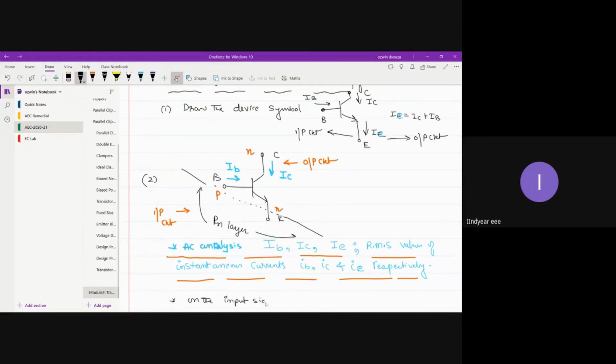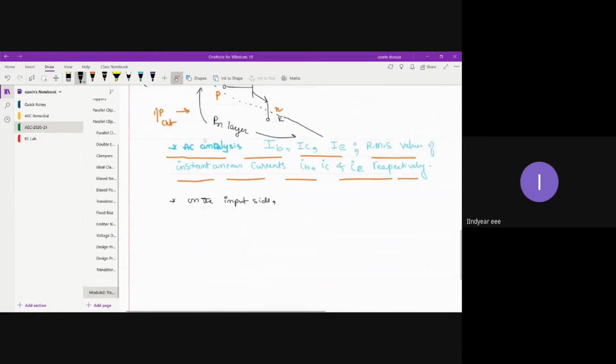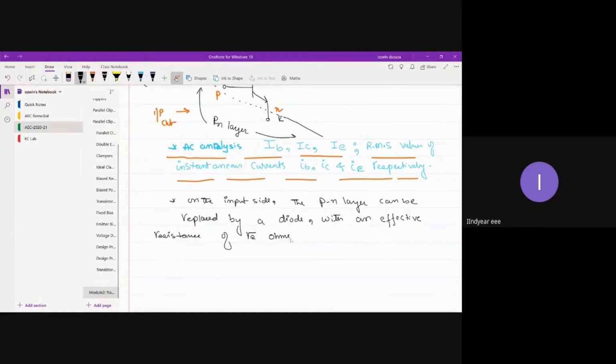Let me write on the input side, the PN layer can be replaced by a diode with an effective resistance of RE ohms. I have the standard formula for diode resistance RE.